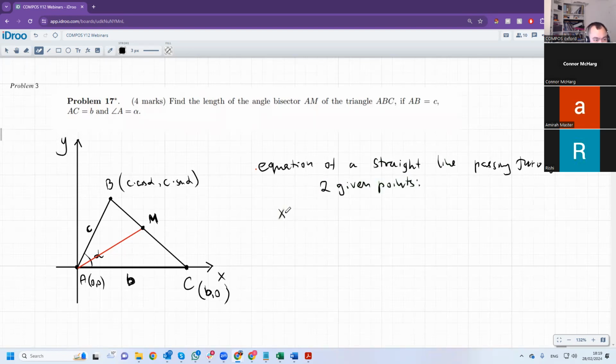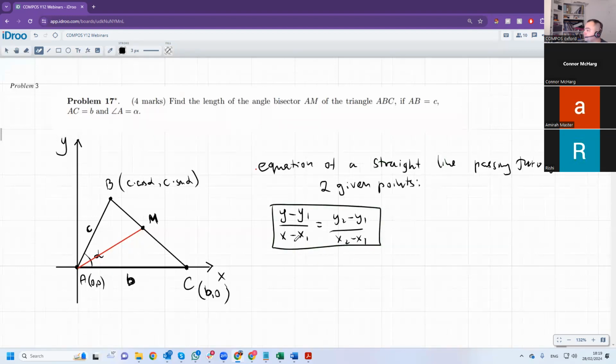So this is y minus y1 divided by x minus x1 is equal to y2 minus y1 divided by x2 minus x1. Are you familiar with this formula?